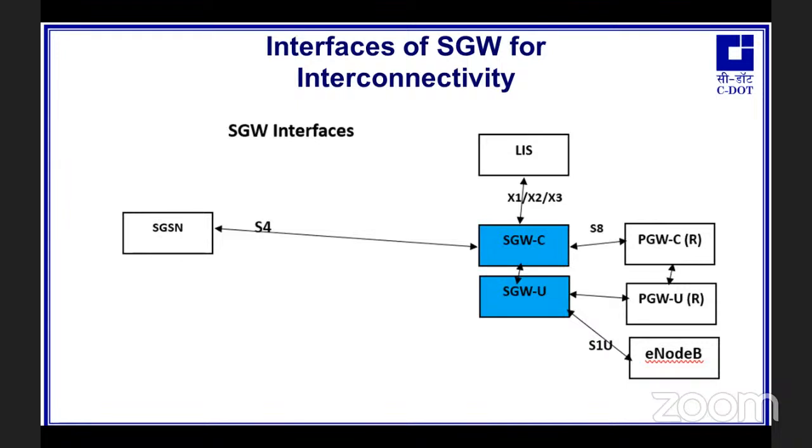SGW is also connected to the LIS server for the target activation. X1, X2 and X3, three interfaces are there. X3 is for the call content, because those nodes which have the data packets moving will have the X3 interface. X3 is for data and VoLTE. I think as of now, in North Zone, VoLTE packets are not being monitored.